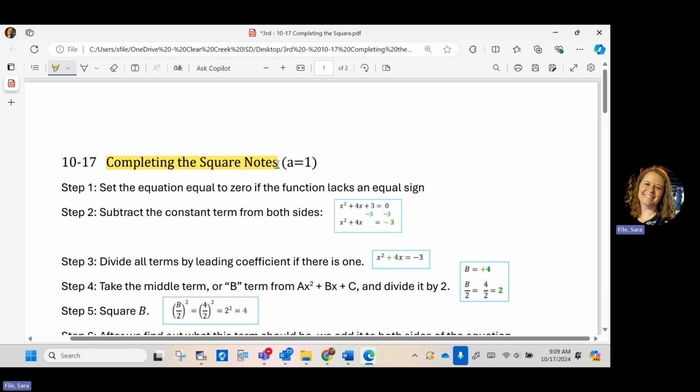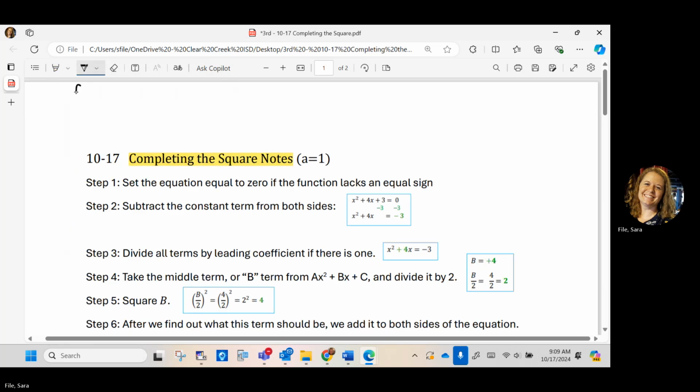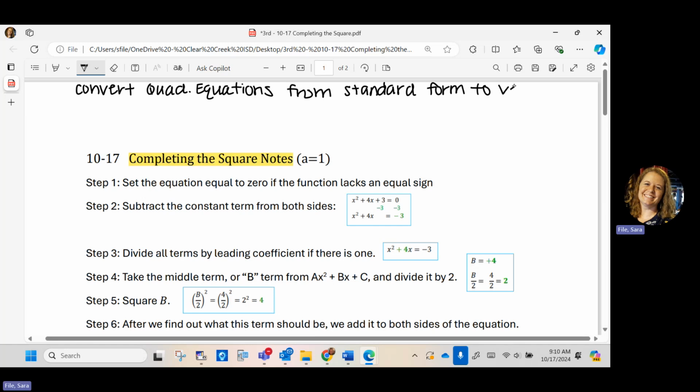So the purpose of completing the square is to convert our quadratic equations from standard form to vertex form.